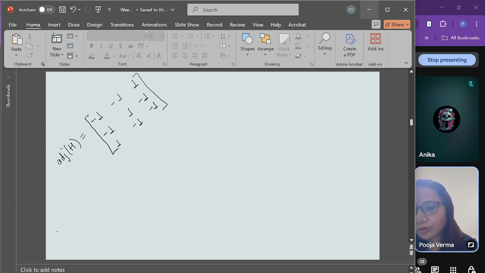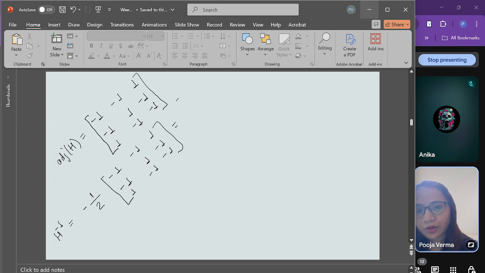Now if you calculate H inverse, you will get minus 1 by 2 times the adjoint, because the determinant is minus 2, right? Minus 1, minus 1, 1, minus 1, 1, minus 1, 1, minus 1, and 1.